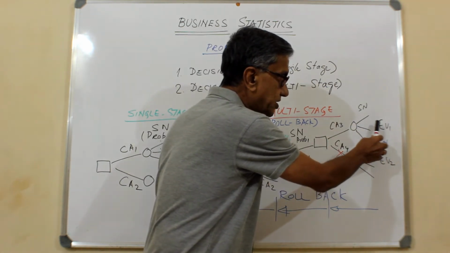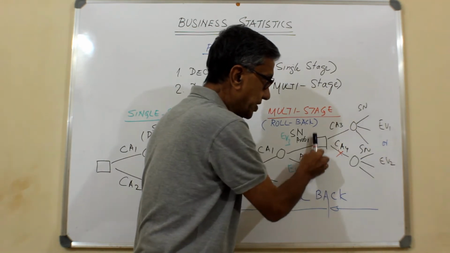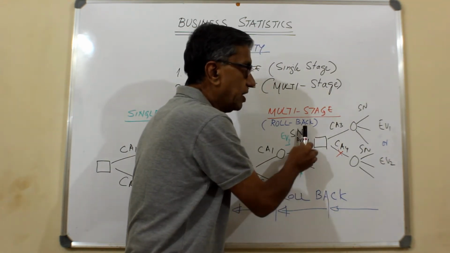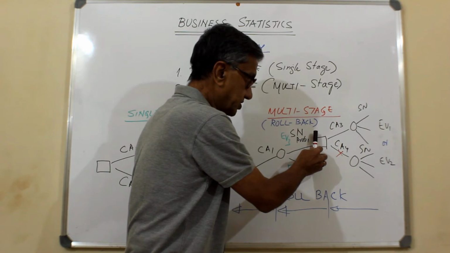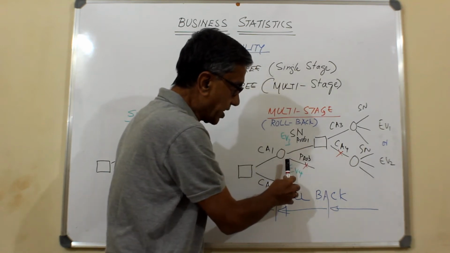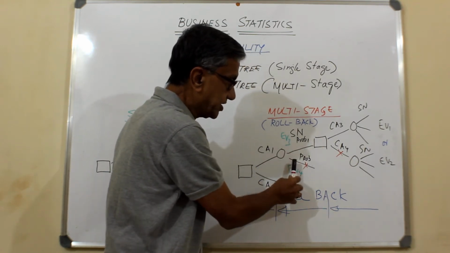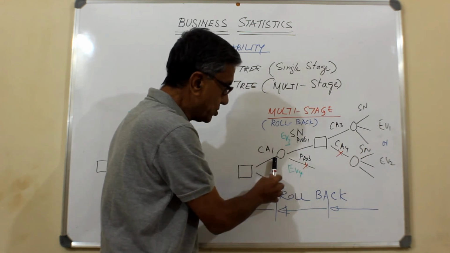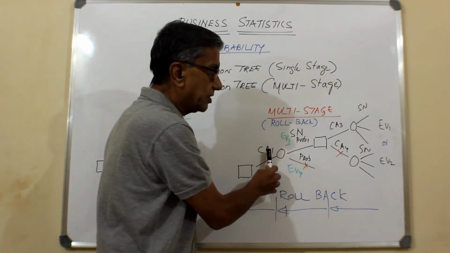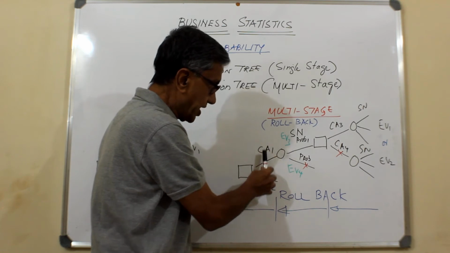Now what you do is that you take the best out of that, and that will be at this point, that will be the effective returns, and once again come back, and then you have further state of nature, and then you work out another stage of expected values and move on like this.